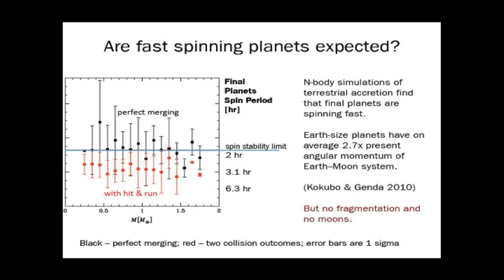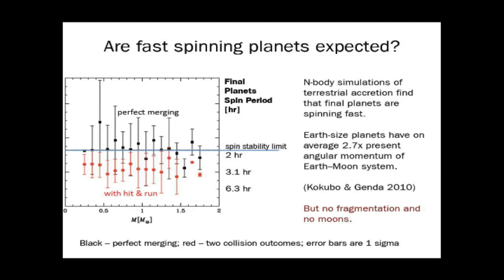These are different n-body simulations of terrestrial planet accretion, similar to the lunar talk that you heard earlier this month. And these are different size final planets focused on the terrestrial planet region, so half Earth mass to 1.5 Earth mass. The black dots and the error bars are the range of spin states they find at the end of growing the planet, after a sequence of giant impacts has led to the final planet.